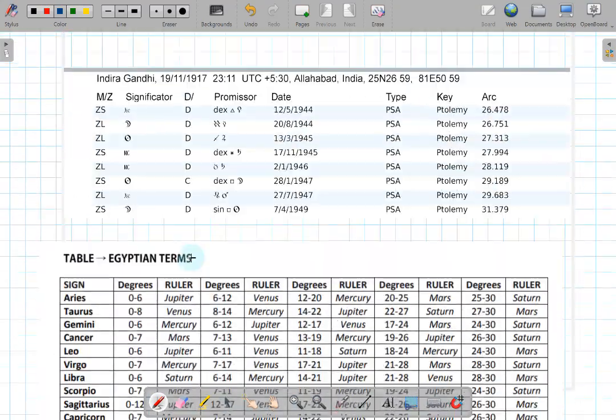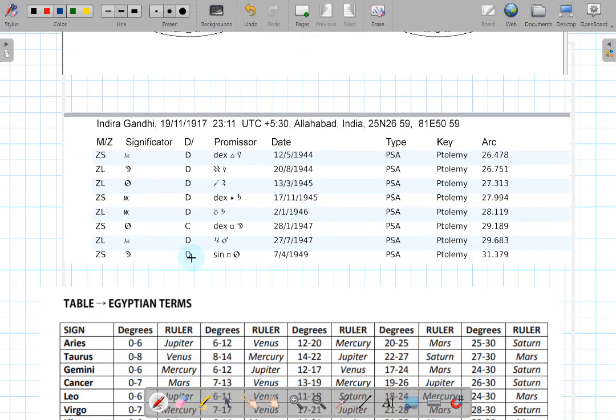Here, using the Delphic Oracle software, I have computed the primary directions and the bounds for Indira Gandhi. Since we're talking about August 1948, I think the most relevant direction in and around that time is the ascendant directed to the bounds of Mars in Leo.